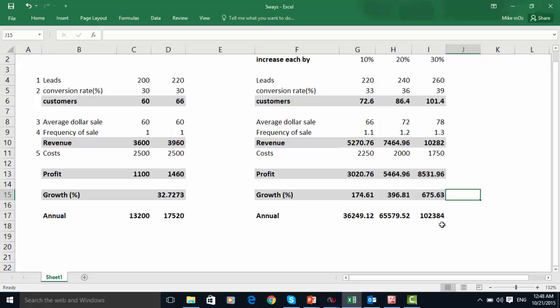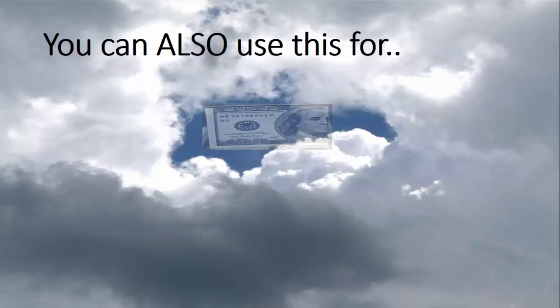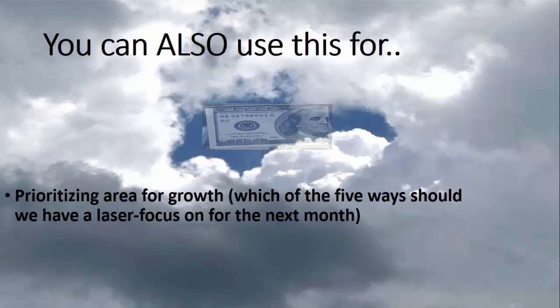Now, once you've got a handle on these 5 numbers, we can also use this for prioritizing an area for growth. Which of the 5 ways should we have a laser focus on for the next month to continue that exponential growth? We can use it for projecting business potential. If we see this constant growth in each of the 5 areas, we're going to be able to look forward and come up with some realistic projections, closer than perhaps just plucking a figure out of the air.